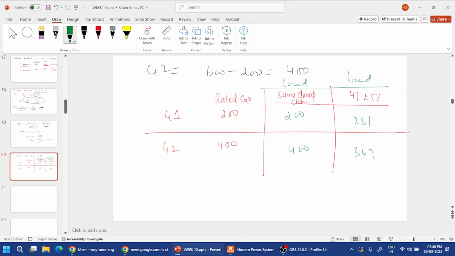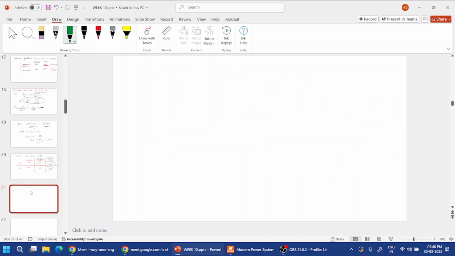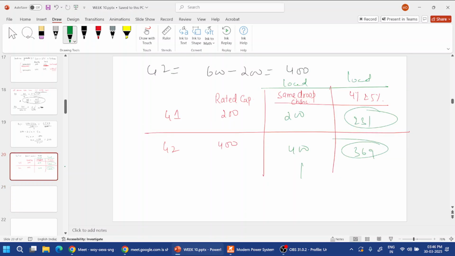And if it's different and the demand is higher than the rated capacity, then the lower MW or size generator will get overloaded. You can clearly see here. So that's why this is a desirable operation.